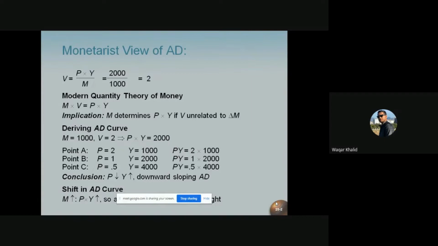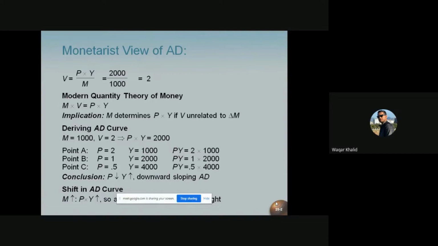Now there are two views regarding the slope of the aggregate demand curve. The first is known as the monetarist view of aggregate demand, and the second is the Keynesian view. Monetarists are a group of economists whose founder was Milton Friedman. They believe that the aggregate demand curve is downward sloping, with one primary factor that causes it to shift: changes in the quantity of money.